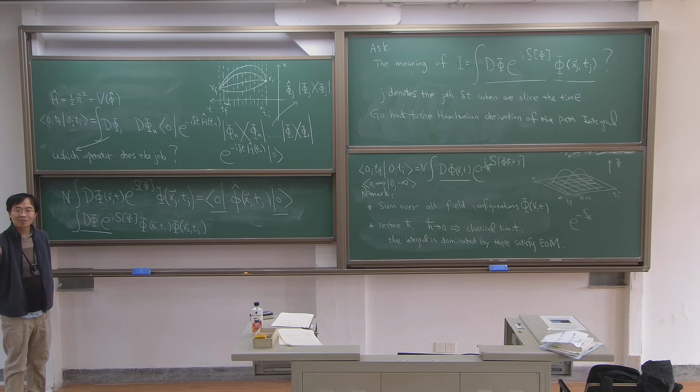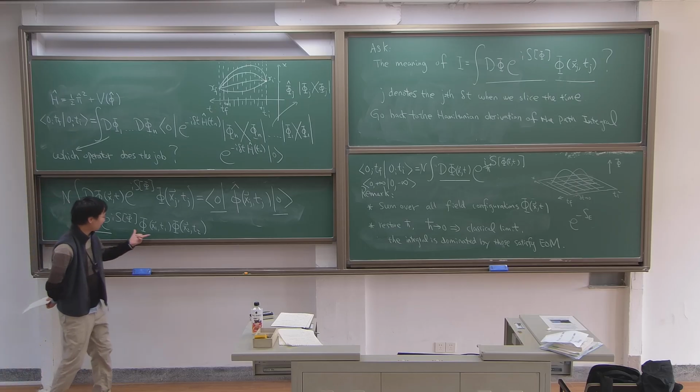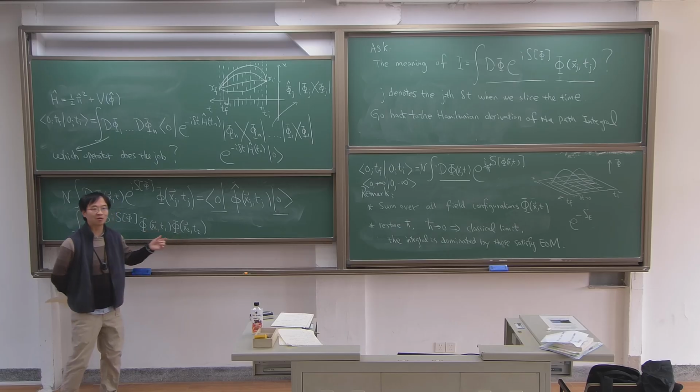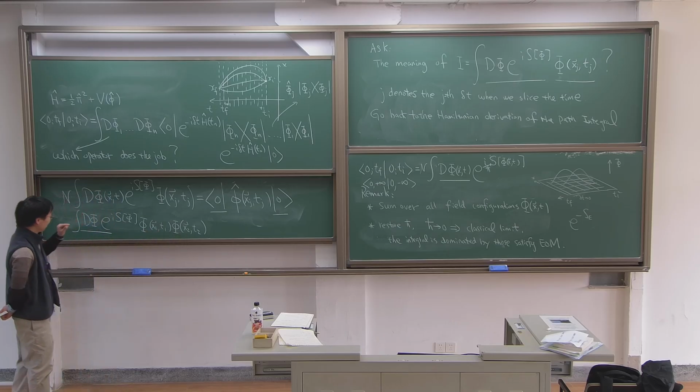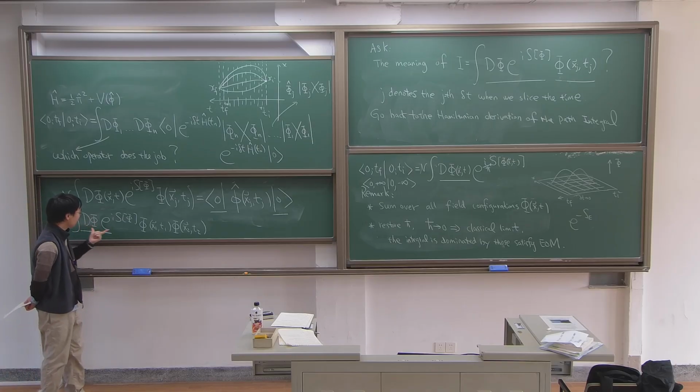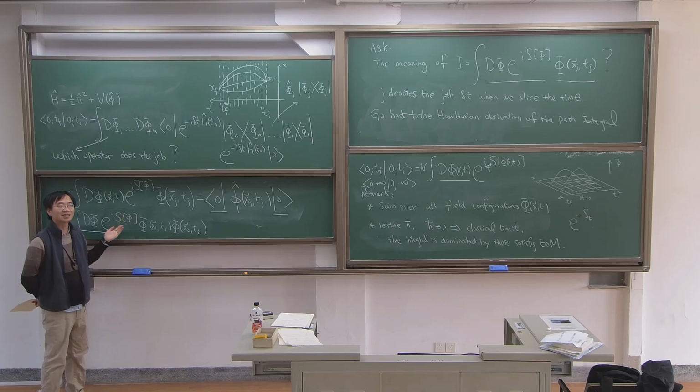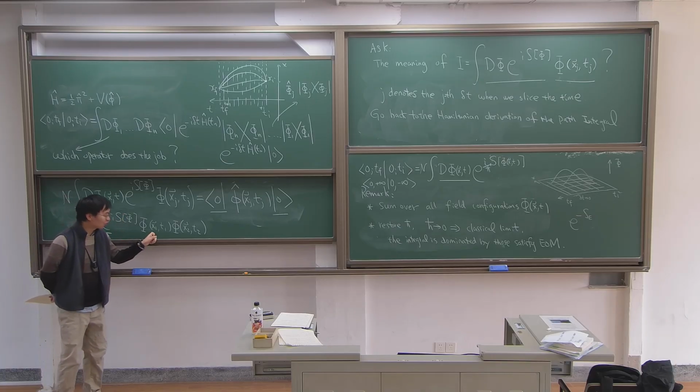Now suppose you discretize the space-time, or you treat this field theory as a spin system. When you evaluate this path integral, for each configuration you get a number, a phase here. It's just a number that you can put in your computer.